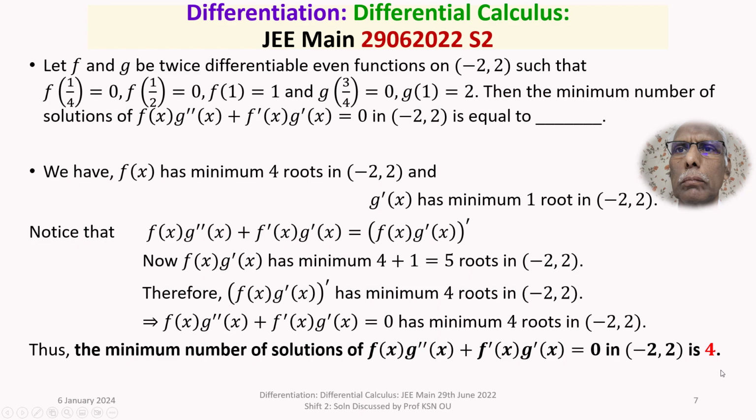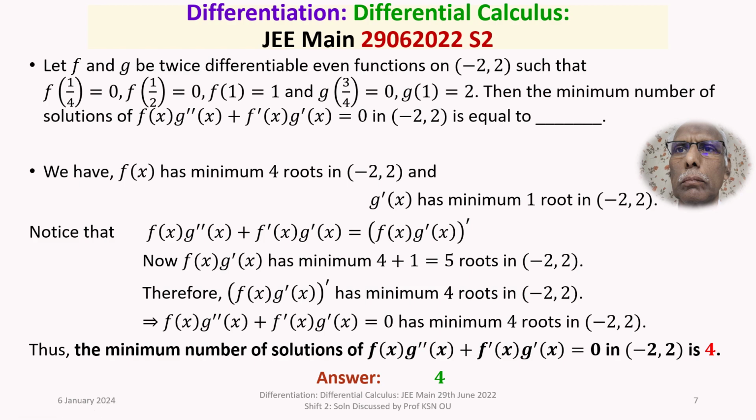The answer is 4. The answer to this question is 4, and that is the detailed discussion of the solution of the problem from differential calculus, on the subsection differentiation. And it is not an easy question.